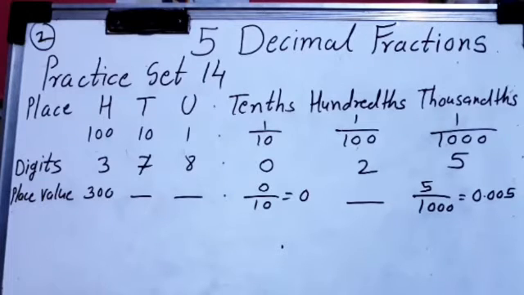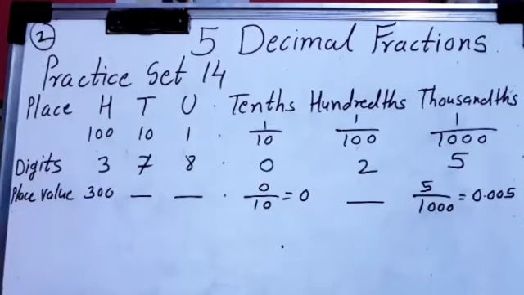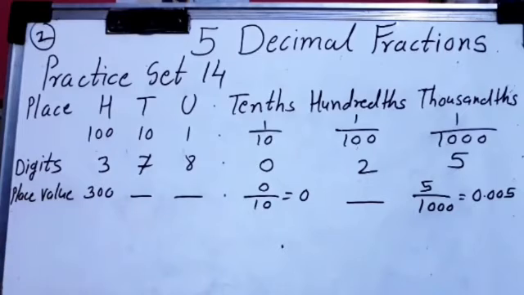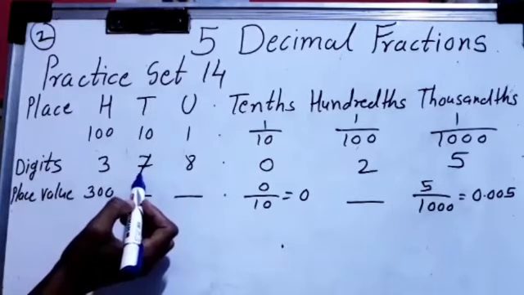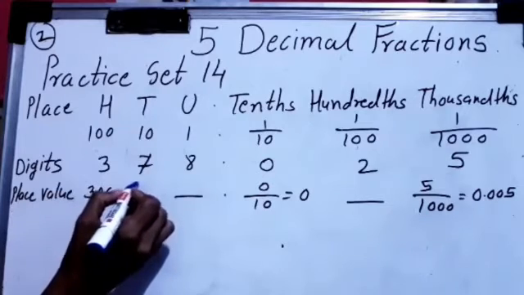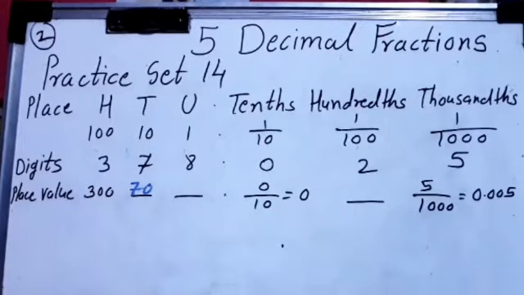Then the place value. The place value of 3 is 300 because its place is 100. Now what will be the place value of 7? As 7 comes under the tens place, the place value of 7 will be 70.